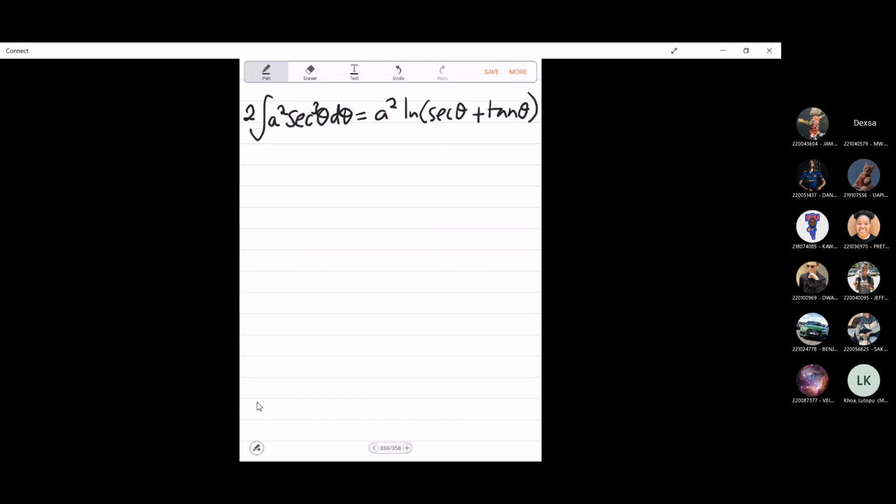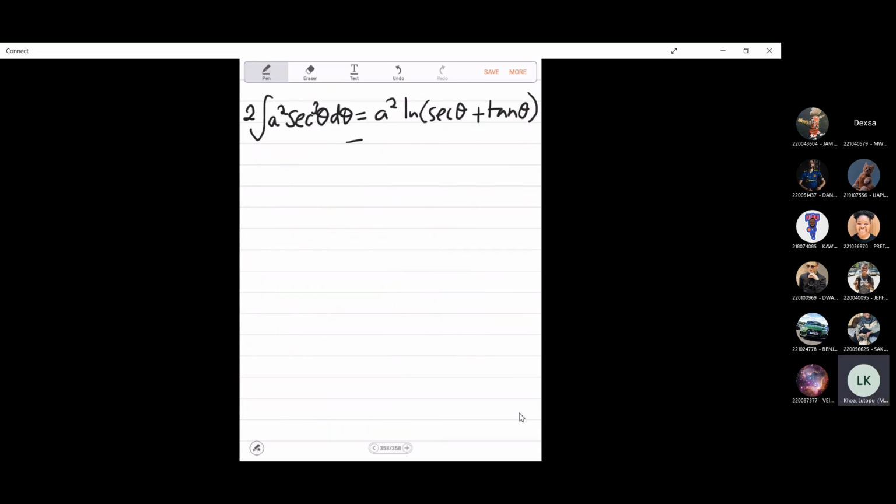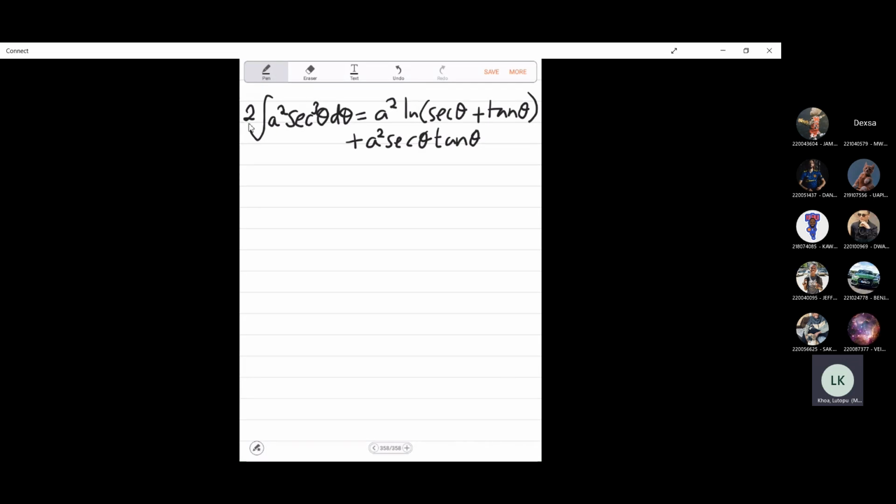Then there was a squared sec theta tan theta. Okay, so we only want this integral, so we would have to divide by 2 throughout.